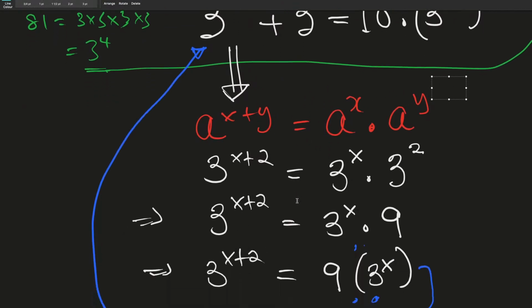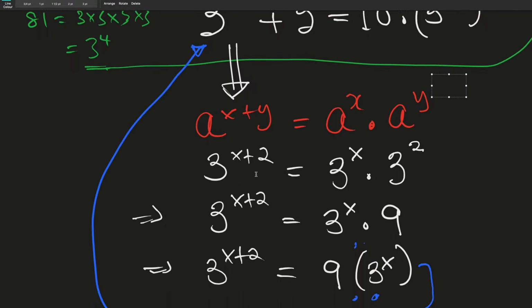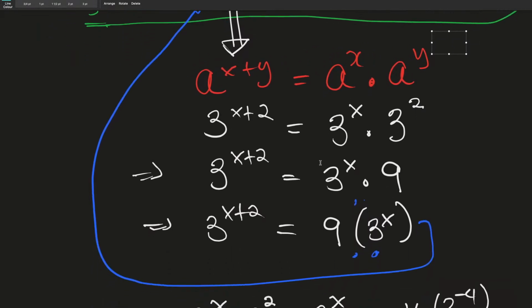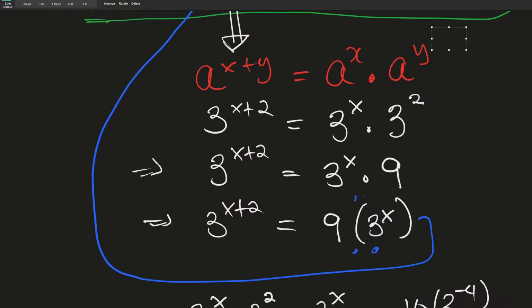So when we look at 3 raised to the power x plus 2, it means we can break it down to 3 raised to the power x multiplying 3 raised to the power 2.